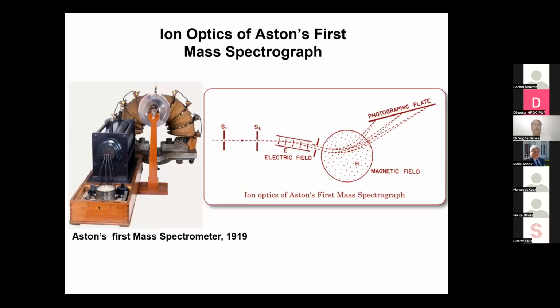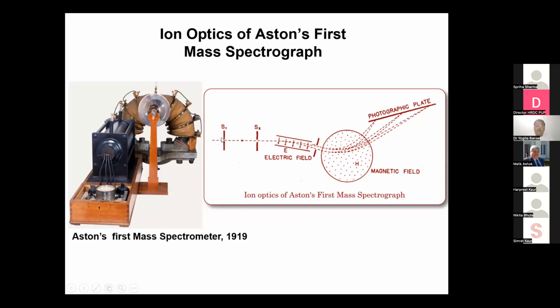And this is the very first mass spectrograph, although nowadays it's called a mass spectrometer, initially it was called a mass spectrograph. This is the optics of this first mass spectrograph designed by Aston.